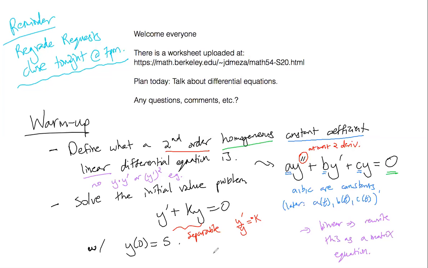You can integrate both sides, and you find that the solution is y of t equals some a e to the negative kt. And you can just check it, right? You can take this, multiply by k, and add the derivative, and you'll get 0, because the derivative of this with respect to t just brings out a negative k. So this is the general solution.